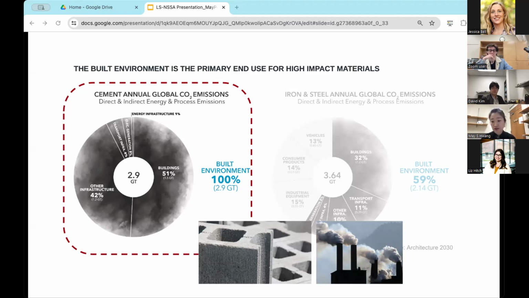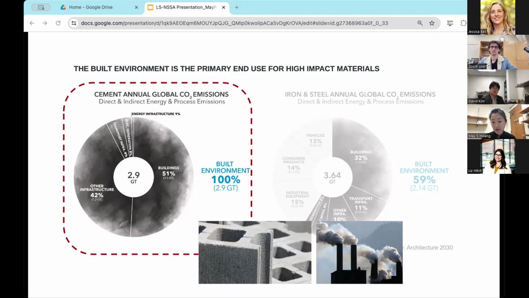In concrete, the key ingredient is called cement, and approximately 5 to 7% of greenhouse gas emissions come from cement alone. And concrete, due to its cement content, even though it may not be high in ratio, is the largest contributor to embodied carbon in our built environment.